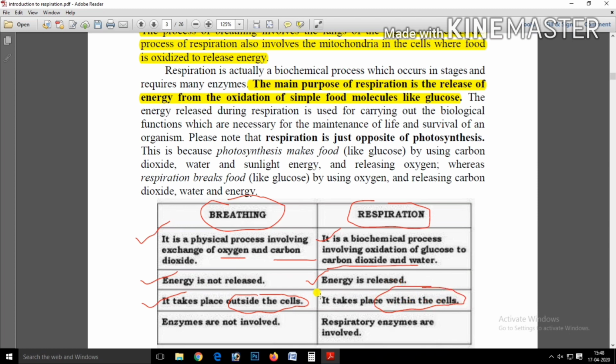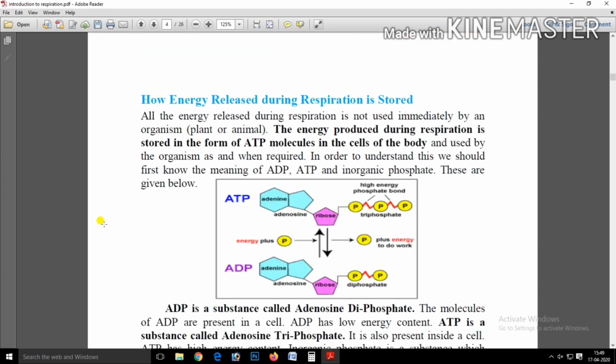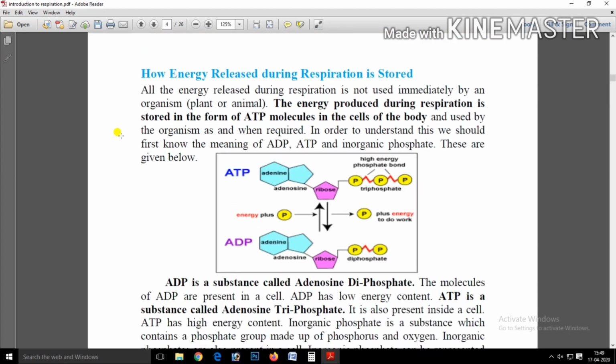And in breathing enzymes are not involved because it is only a physical process, whereas in respiration respiratory enzymes are involved, hence it is called a biochemical process because enzymes are chemicals. So remember that the breathing process is a part of respiration, that means breathing is involved with respiration.